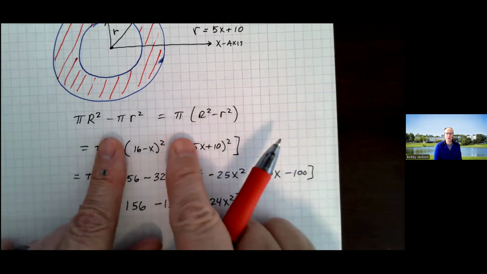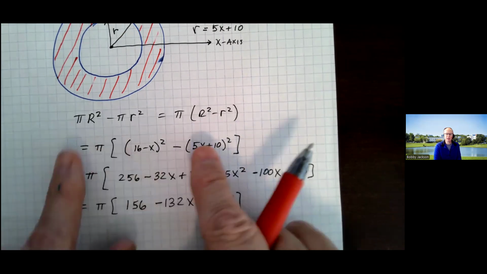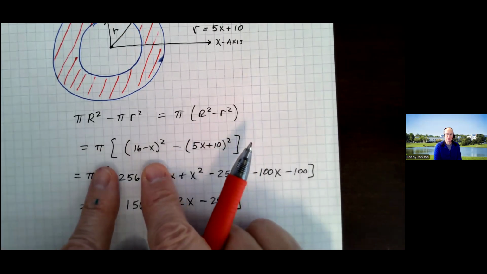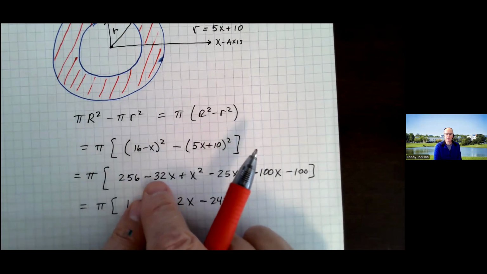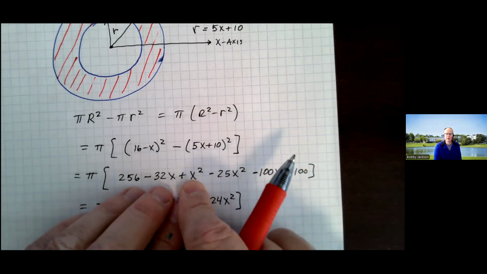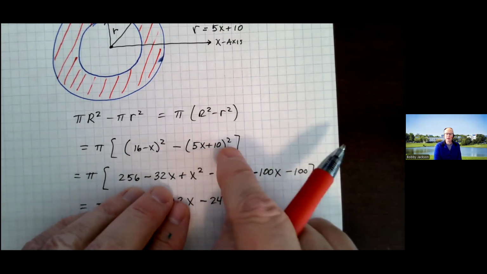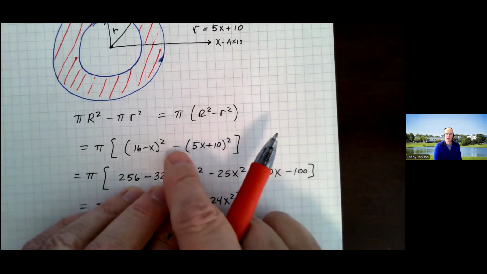I'm going to simplify this expression. I'm going to expand this out. Remember, 16 minus x squared is 16 minus x times 16 minus x. 16 squared, 256. The inner and outer is -16x, so that gives me -32x. And then negative x quantity squared is positive x squared. And then the same thing here. I'll FOIL this out, 5x plus 10 times 5x plus 10, and then distribute the negative through.